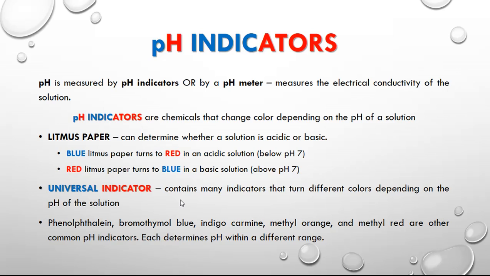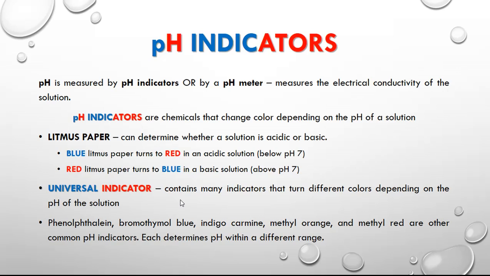If you have a blue litmus paper turning into red, that particular solution is an acidic solution. So you would expect that the pH of that would be below 7. And if you have a red litmus paper that turns into blue, that particular solution is a basic solution.